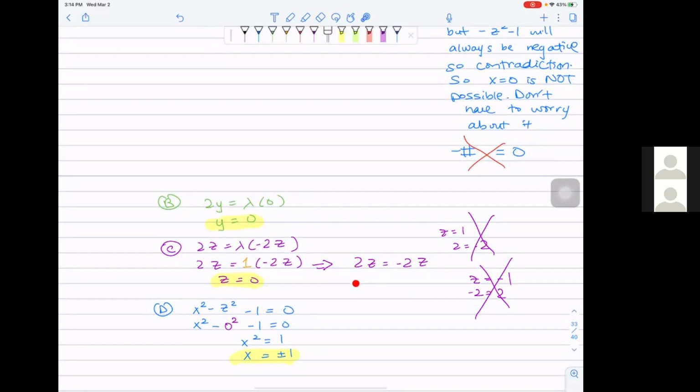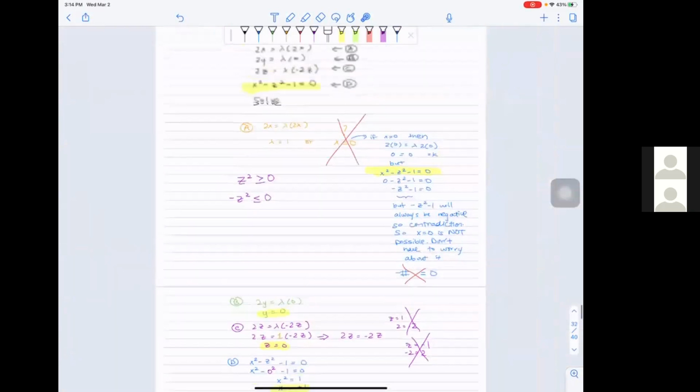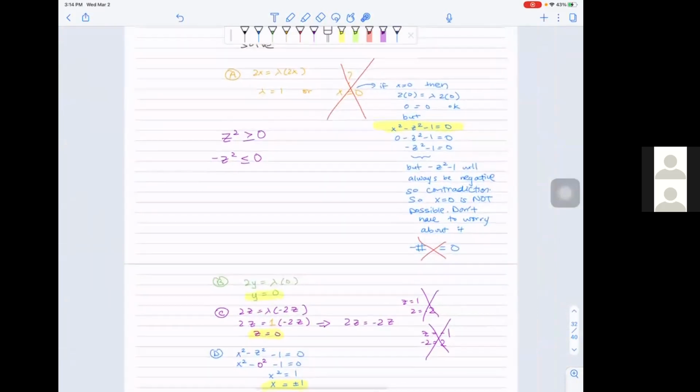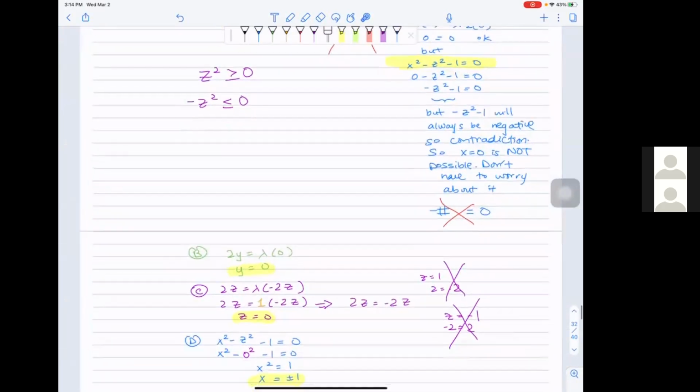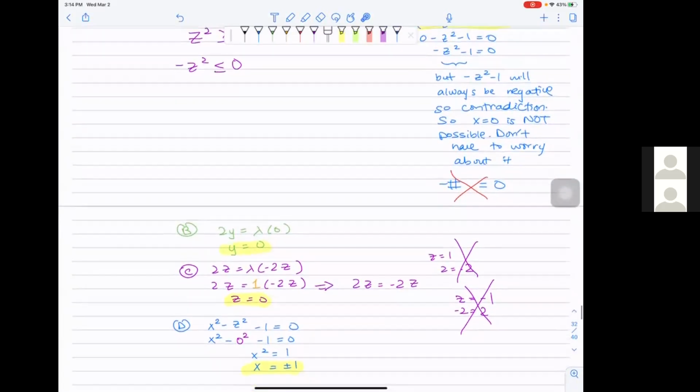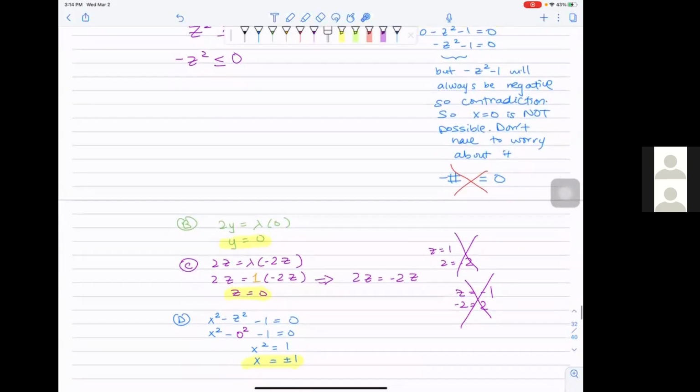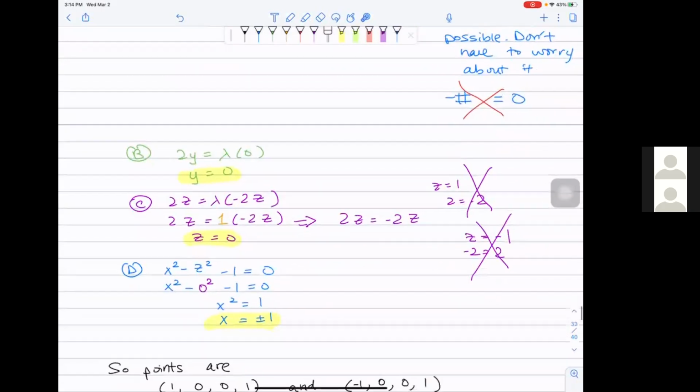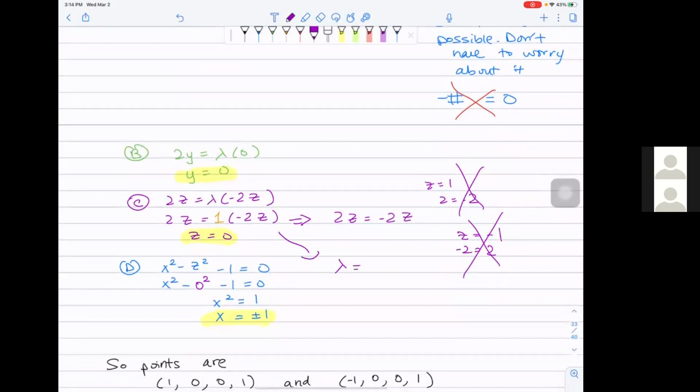For lambda using z, apply the same thing, like starting with the purple. Oh wait, you mean like lambda equals negative z?